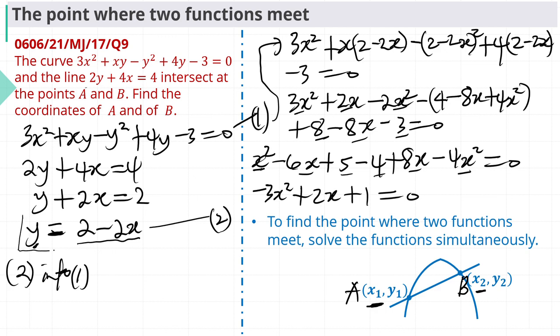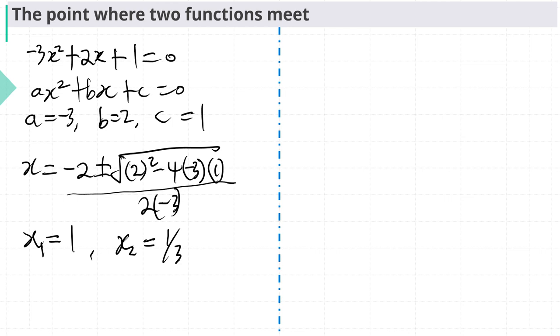So I'm going to make use of equation 2. Equation 2 is the same as the one here in the question. So making use of equation 2, y equals 2 minus 2s.